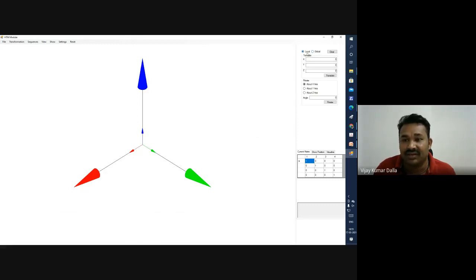Local transformation means suppose we are going to measure the positions of the end effector with respect to the base frame, the coordinate system attached at the robot base; that is the local transformation. And for the global transformation, suppose there is some coordinate system not at the origin of the robot, and with respect to that we want to measure the end effector positions and orientations, then it is known as the global transformation.